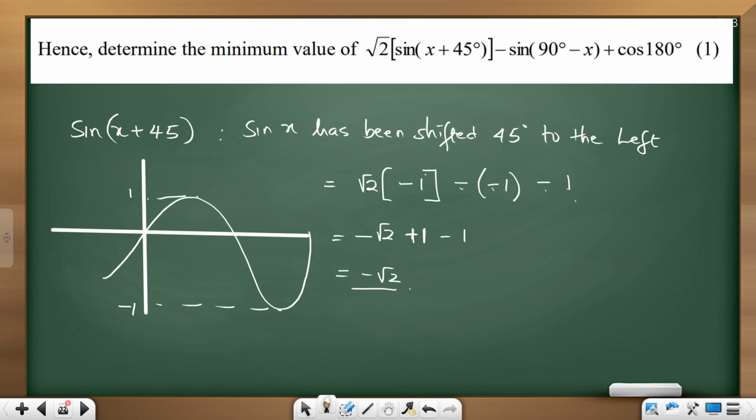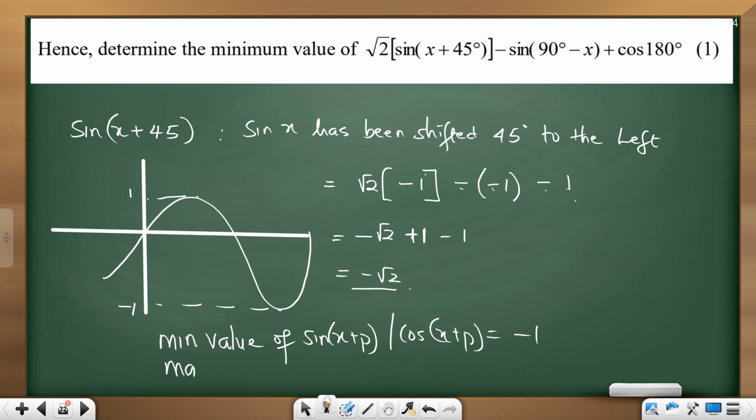Which one? This one. Minimum value of sine. Just take note. The minimum value of sine x plus p and cos x plus p is -1. What is the maximum value of the same sine shifted horizontally graph and cos shifted horizontally graph?